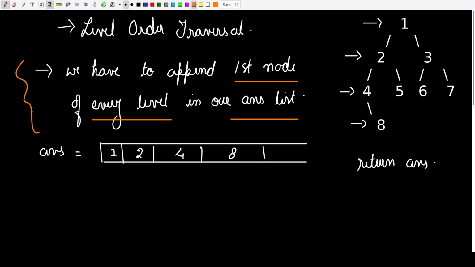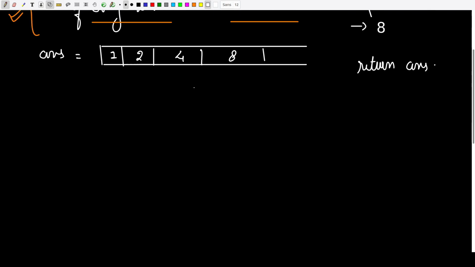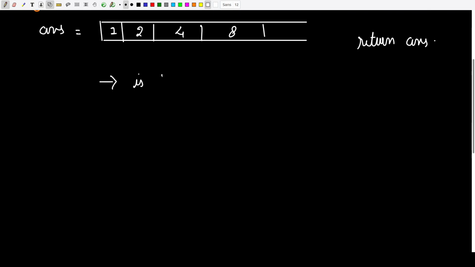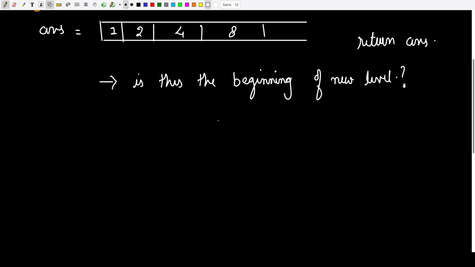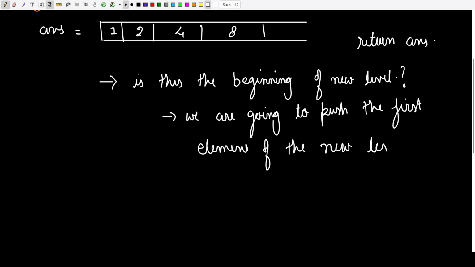Now let us formalize this part, which is how do we append first node of every level in our answer list. So to tackle this, the first thing which we need to identify is, is this the beginning of a new level? And if this is the beginning of our new level, then we are going to push the first element of the new level onto our answer.